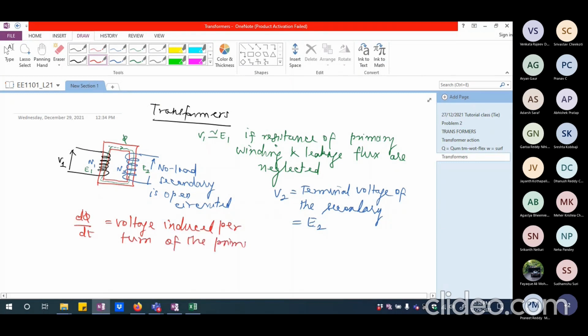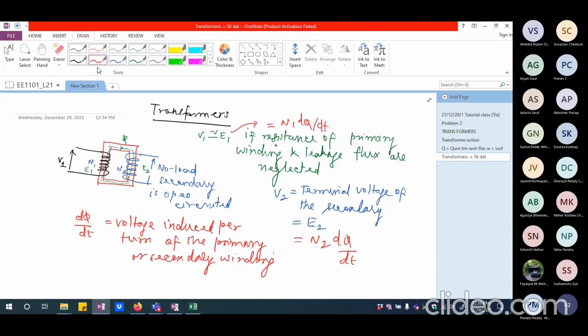So we are going to write E2 equal to N2 multiplied by d phi by dt, and similarly E1 equal to N1 multiplied by d phi by dt.